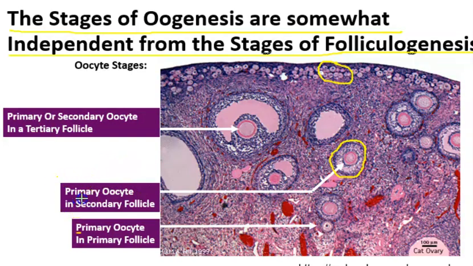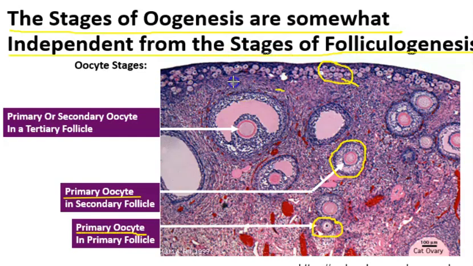So the primary oocyte stage exists in three types of follicle stages. In a primordial follicle, the oocyte could still be primary. It is, I'm sure. And then in the primary follicle stage, it's still a primary oocyte. So the follicle's changing without the oocyte changing, okay?